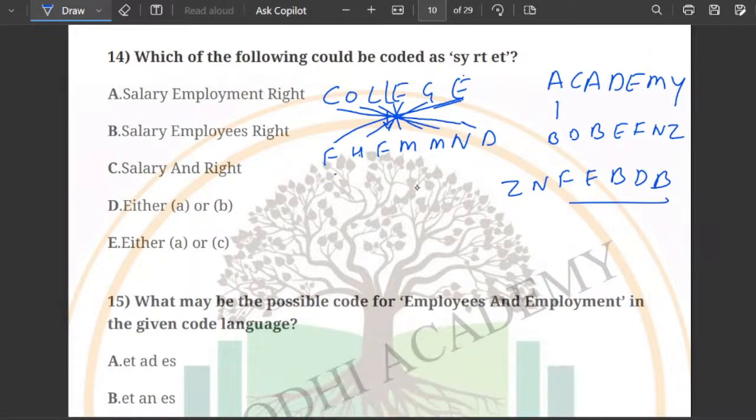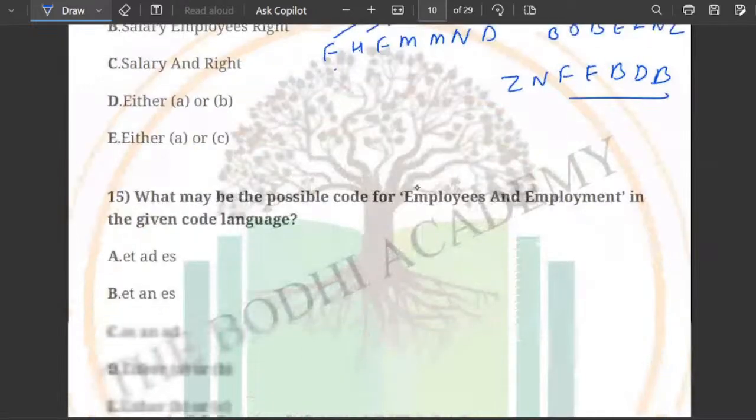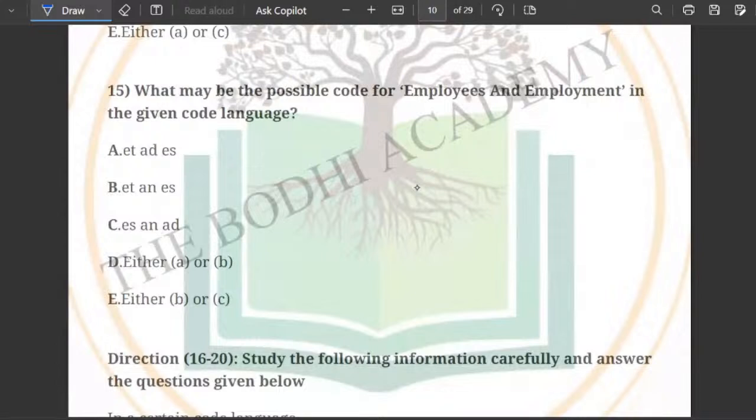Now, a similar question on this, let us say the same example. If college is there and academy is there. Okay.